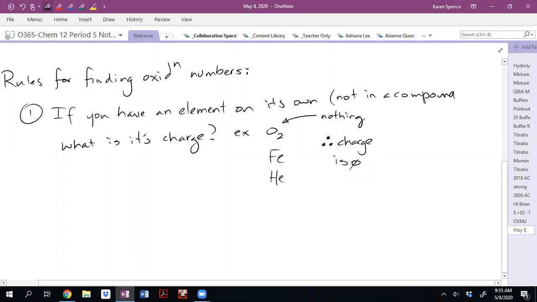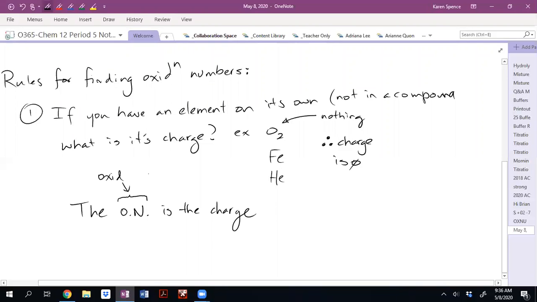And whenever you know the charge of something, you know its oxidation number because its oxidation number is the charge. Okay? The oxidation number is the charge. So oxidation number, I'm going to start abbreviating as ON because it's long.